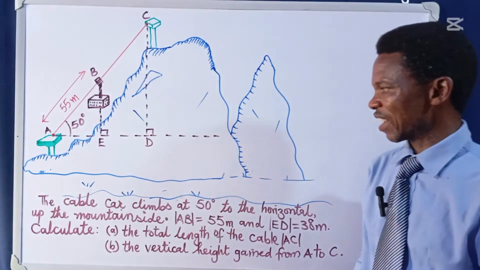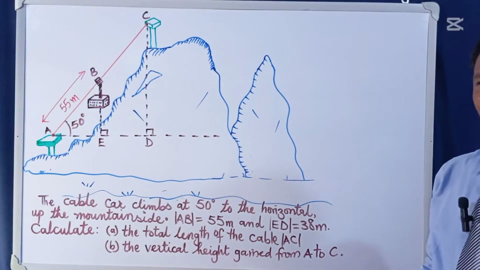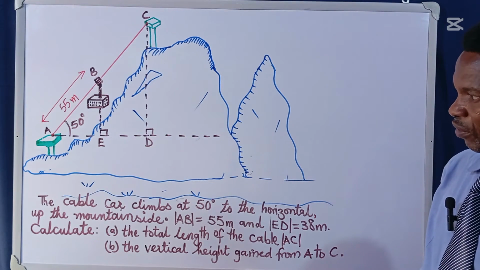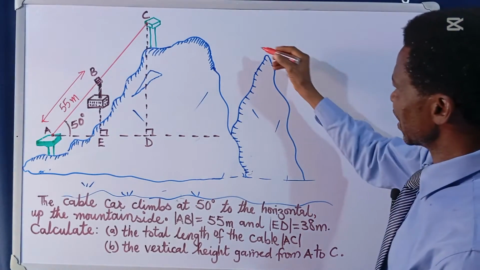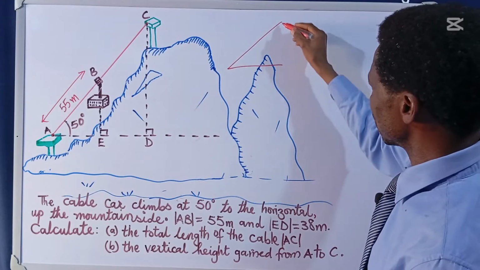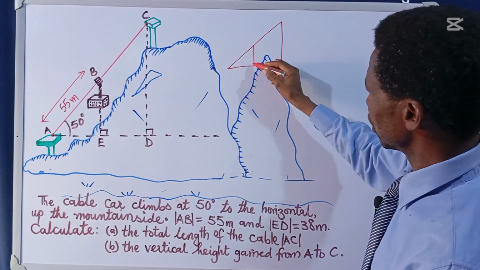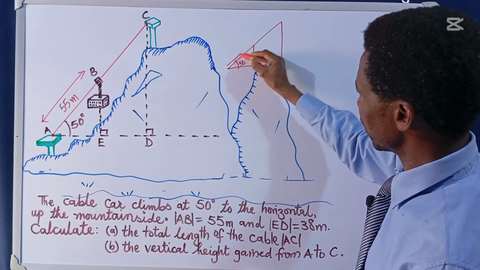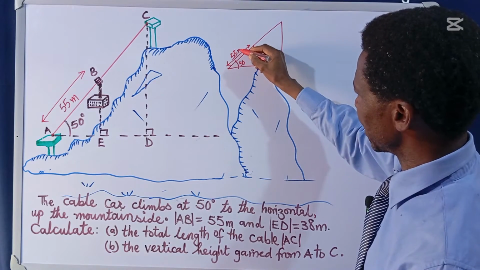So this is the question we are going to be looking at in this video. We are going to apply trigonometry ratio to solve the problem. We can have a small sketch of what we are going to solve here. At this point we have 50 degrees, and from here to here is 55 meters.